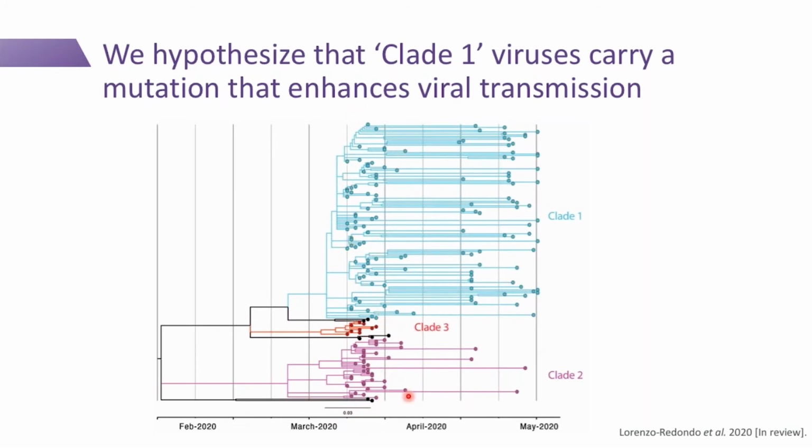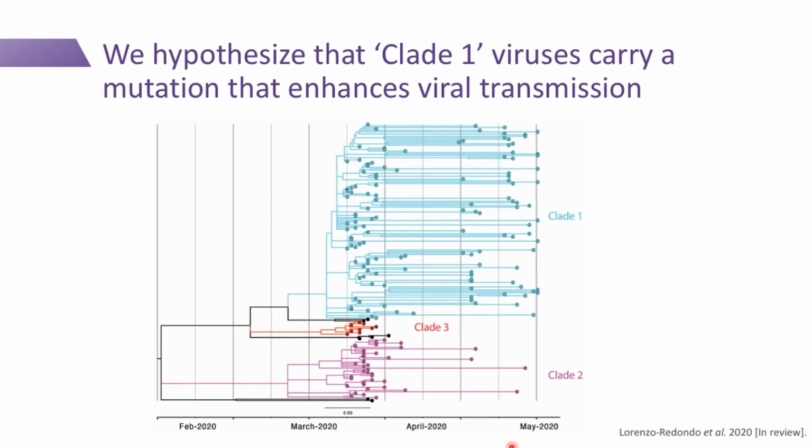But when we look at later sequences that we've isolated, we can see that our clade 3 sequences have completely disappeared. Clade 2, there are a few, but currently a predominant population of patients that we're seeing are all having clade 1 viruses, which would be consistent with a difference in viral transmission.